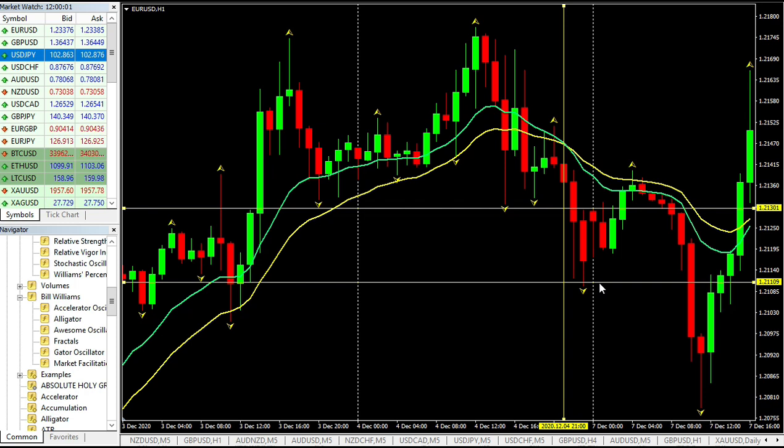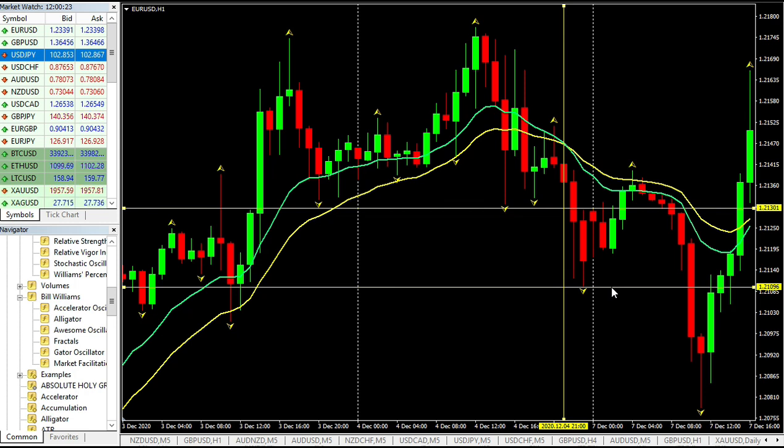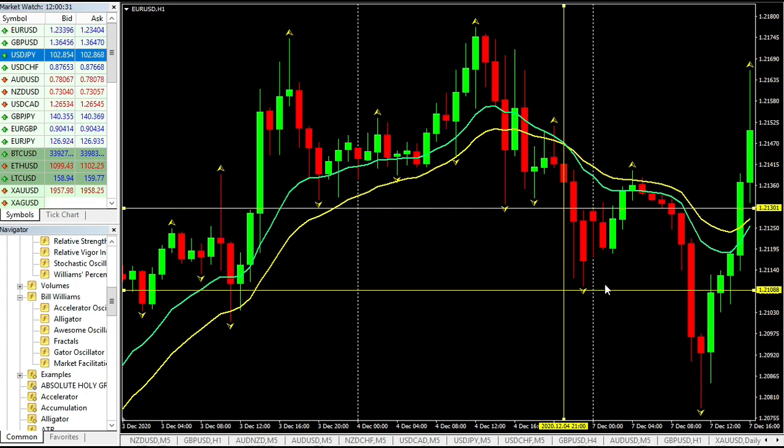So we're going to place a pending sell order at 1.2108, 1.210, 2098, that's it, 88. Okay, and then we will see where to place a stop loss.